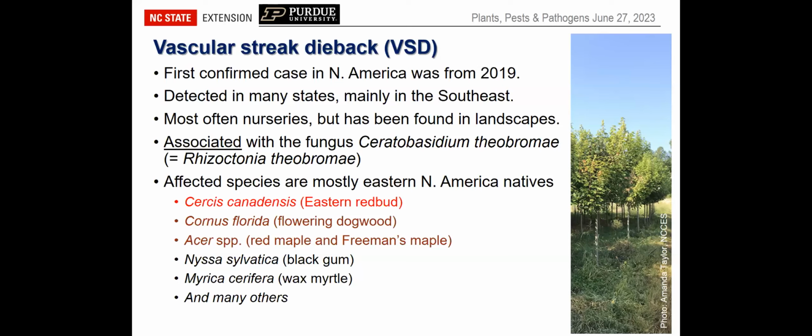Then a long list of other species where this has been found, just to name a few of them: Nyssa, Myrica cerifera, wax myrtle. Even the Fothergilla that Charlotte mentioned earlier today, it has been found on that. Found it one time on spicebush. We found it on magnolia from a botanical garden. So there's just quite a bit of variety here.